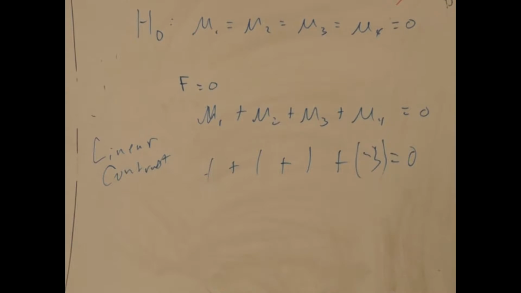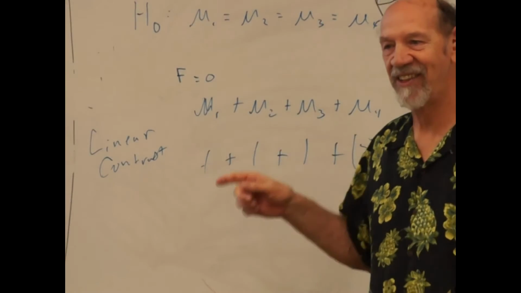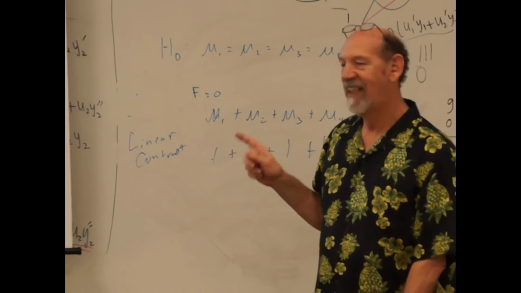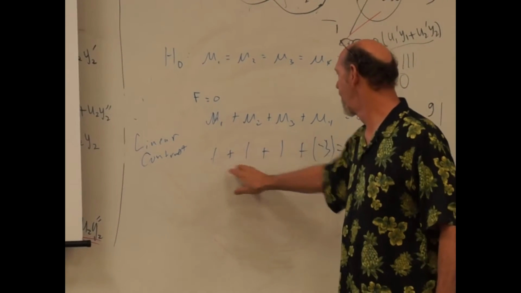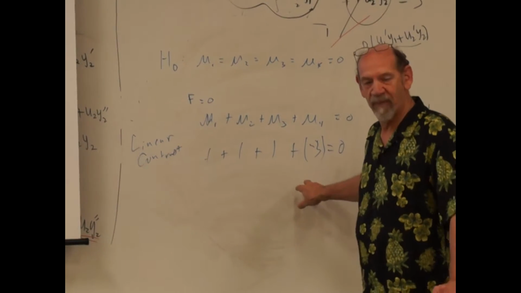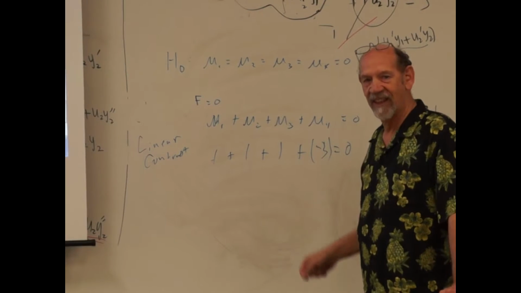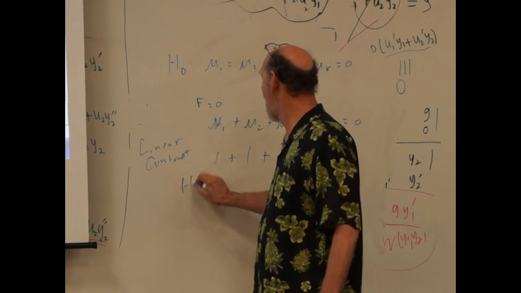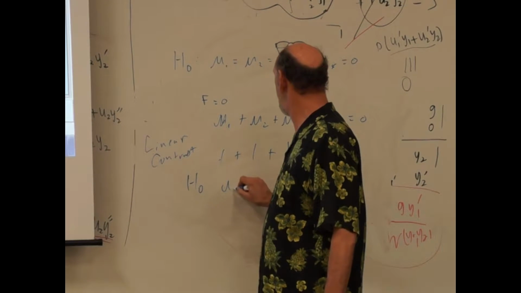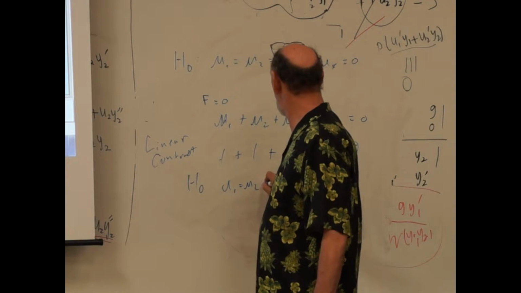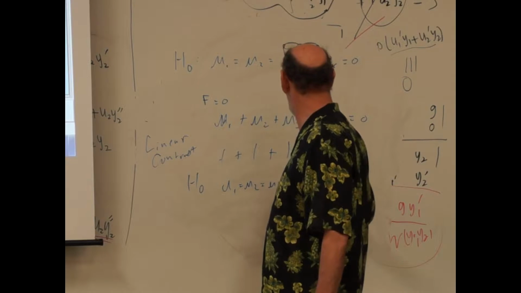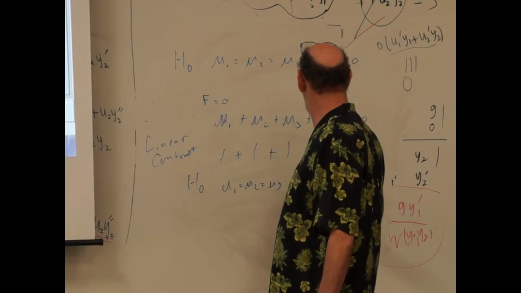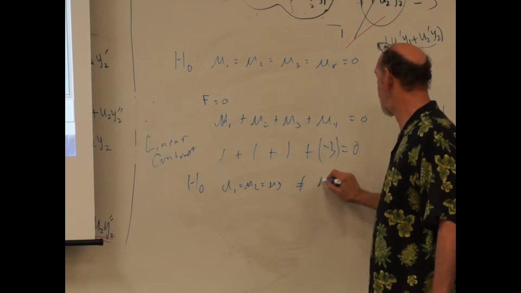So all we need is a way to take those means and multiply them by these coefficients, and we have the explicit null hypothesis that mu1 equals mu2 equals mu3, but they're not equal to mu4.